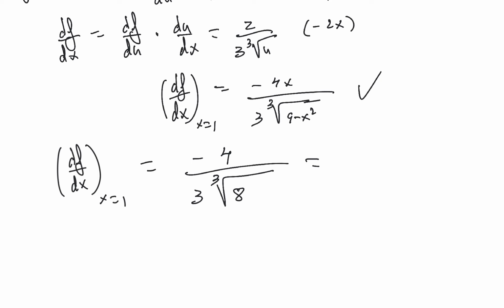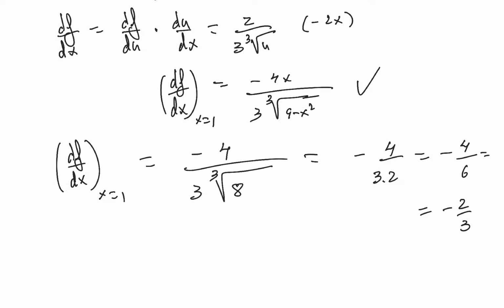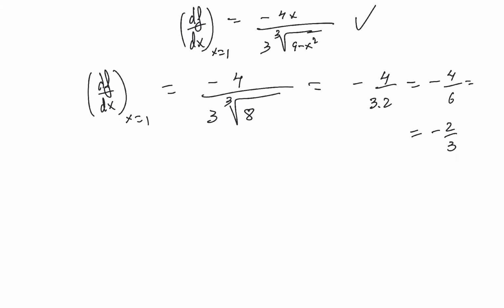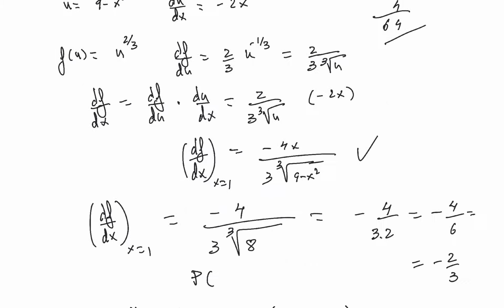So it's minus 4 divided by 3 multiplied by 2, or minus 4 divided by 6, or minus 2/3. And what is the equation of the tangent line? It is y equals y0 plus m multiplied by x minus x0, where the point P is the point 1,4.